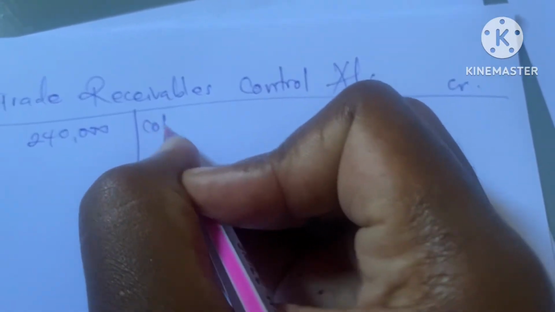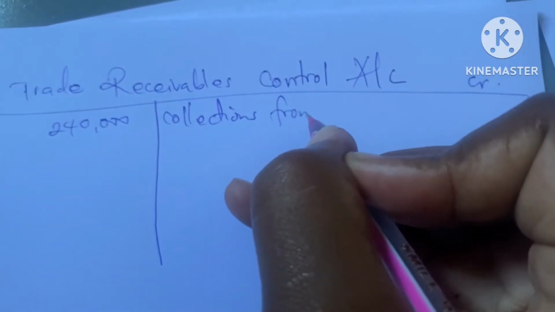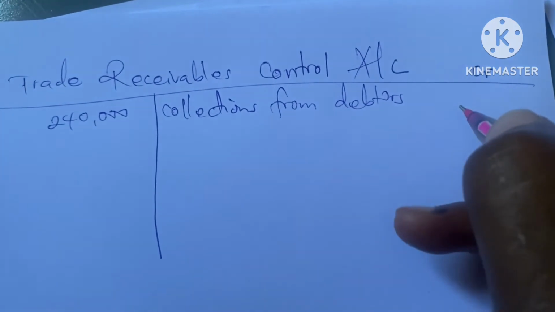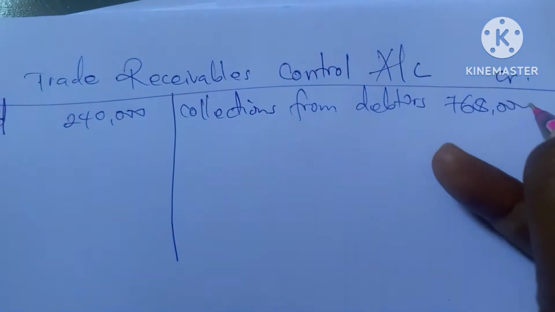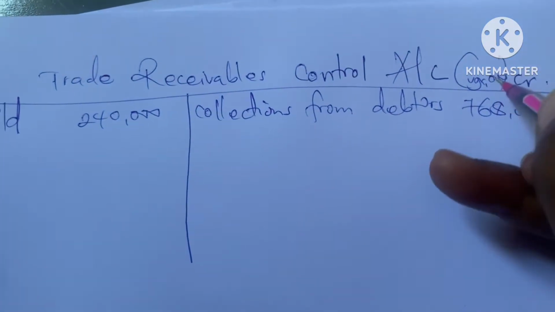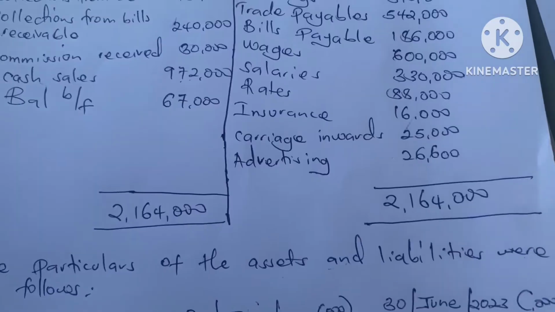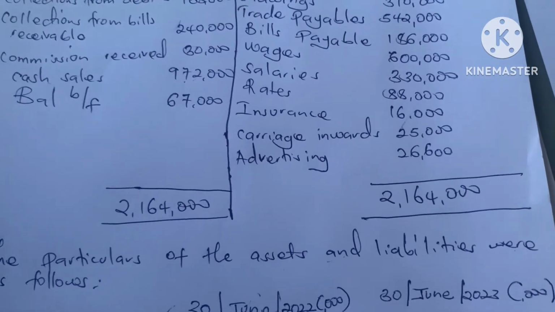So collections from debtors is 768, in 3 zeros. We do not have bad debts or return inwards and things like that.